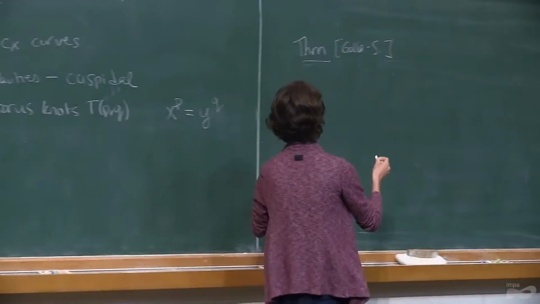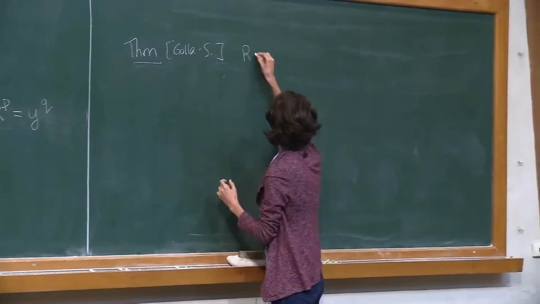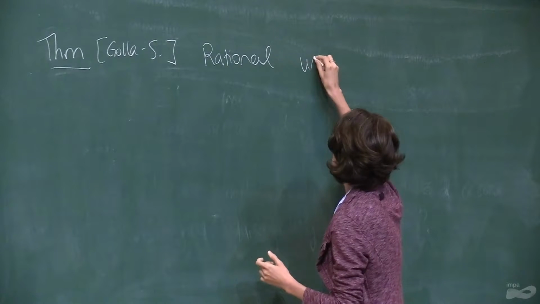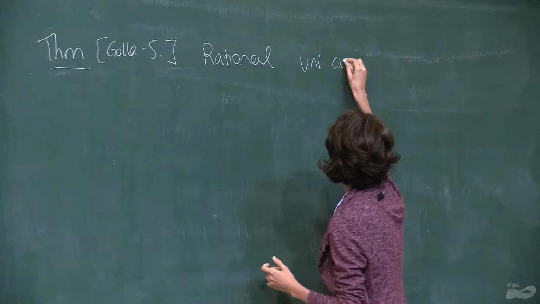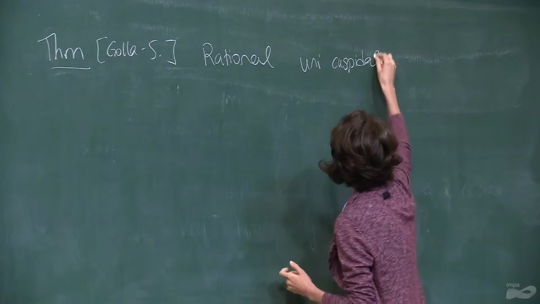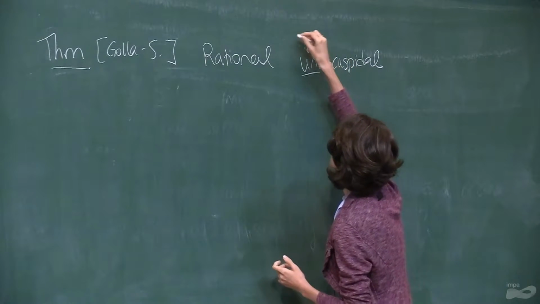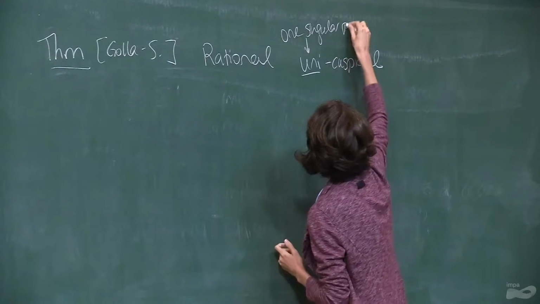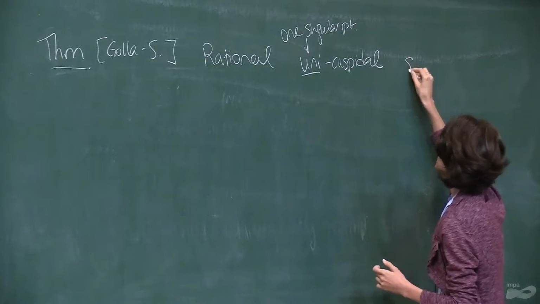So if we look at rational, so genus 0, unicuspidal, so this means one singularity, symplectic curves.